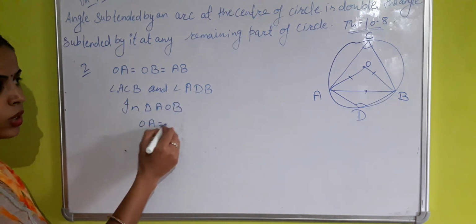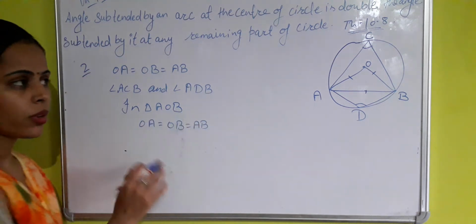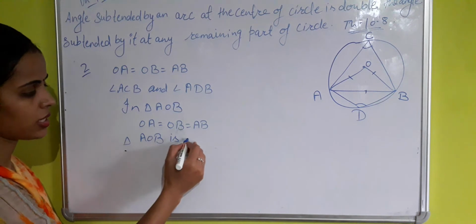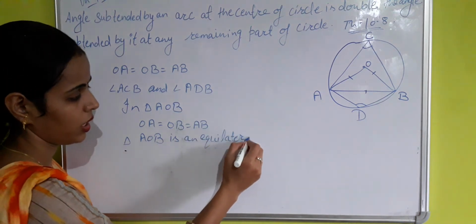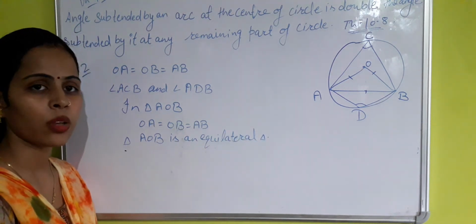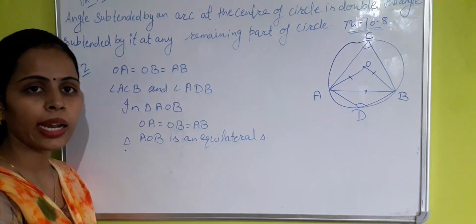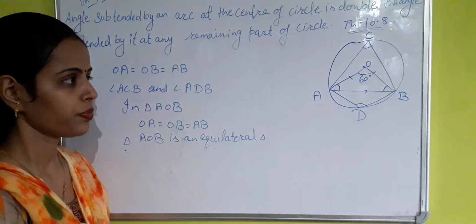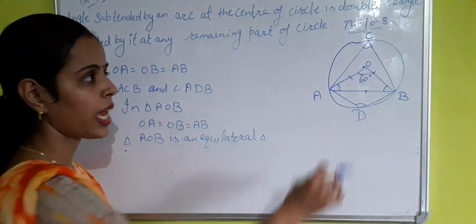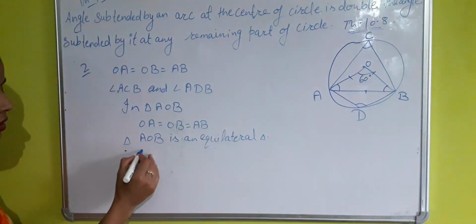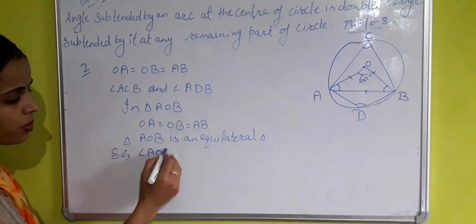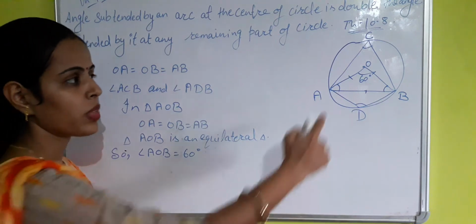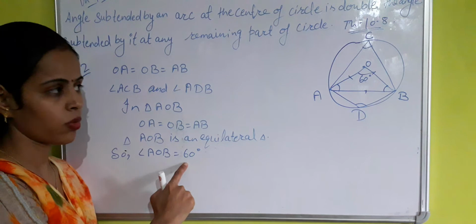If all these three sides are equal, then triangle AOB is an equilateral triangle, and in an equilateral triangle all the angles are 60 degrees. So angle AOB equals 60 degrees.